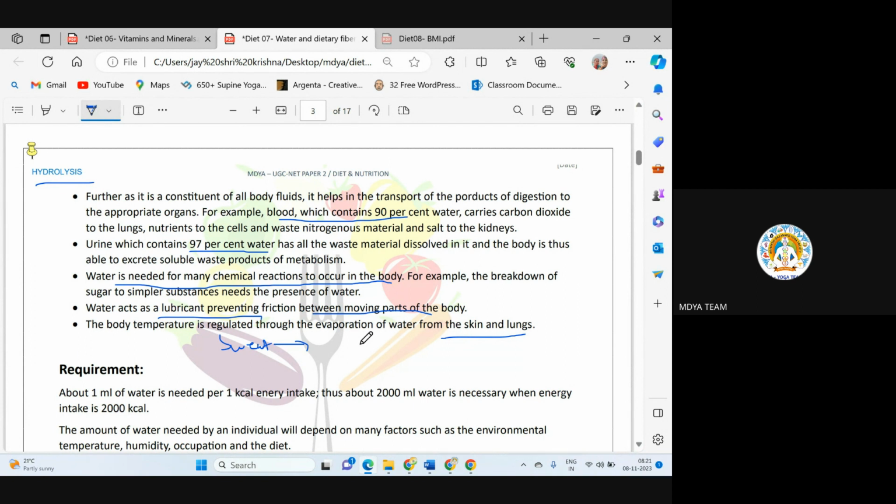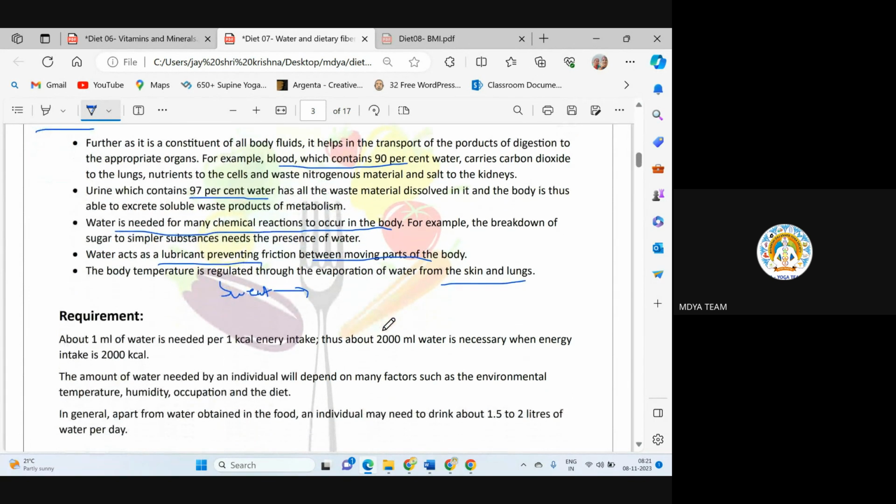So if a person is not passing stool for 2 or 3 days, then body temperature will ultimately increase.